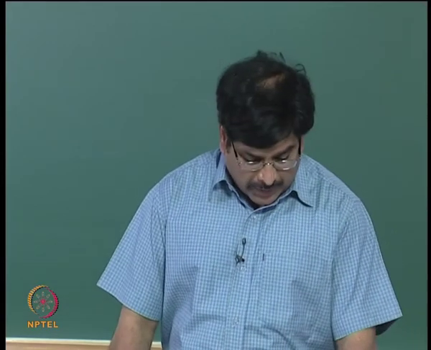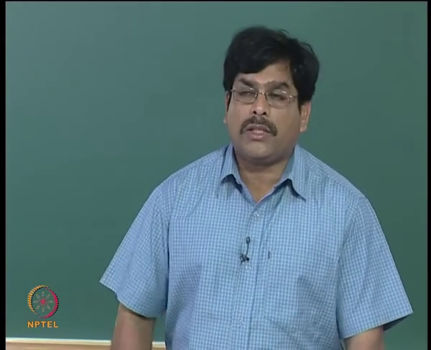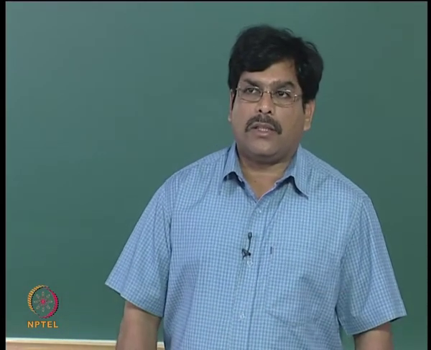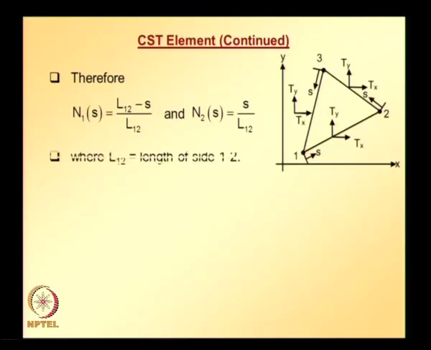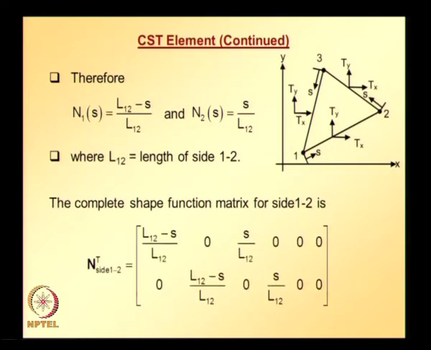So, the complete shape function matrix for side 1 2 can be written like this: the first row consists of n1, 0, n2, 0, n3, 0, where n3 is 0, and the second row consists of 0, n1, 0, n2, 0, n3, again n3 equal to 0. So, we obtained what we wanted, the shape function matrix along side 1 2.